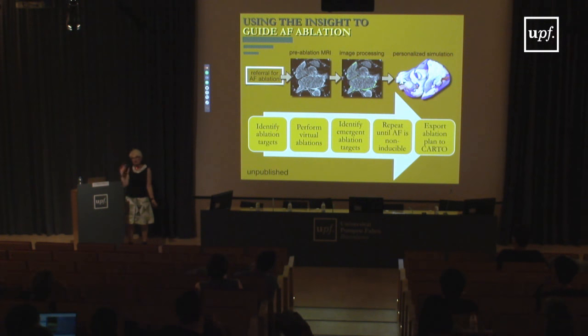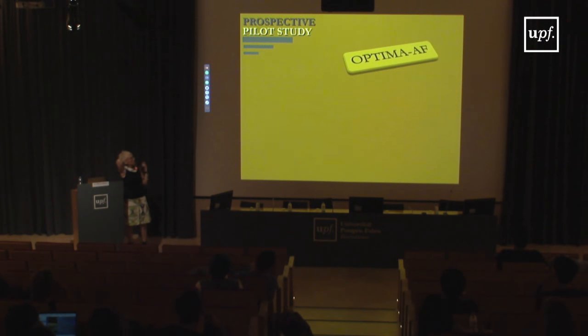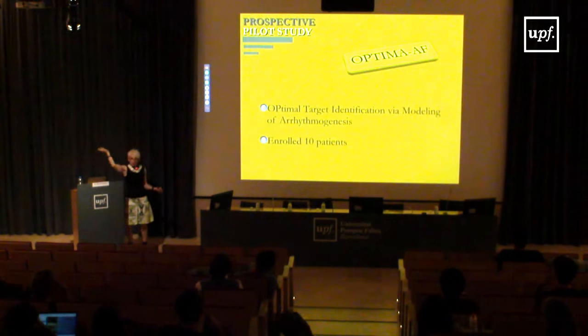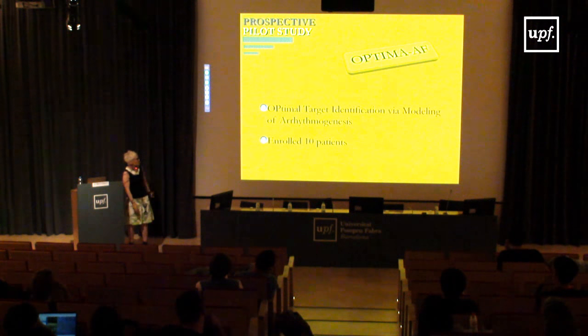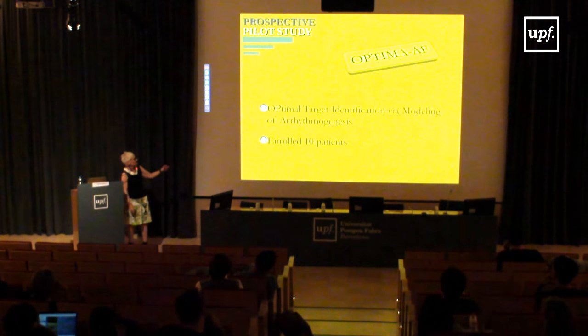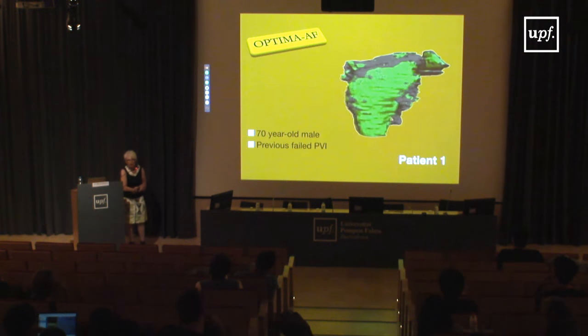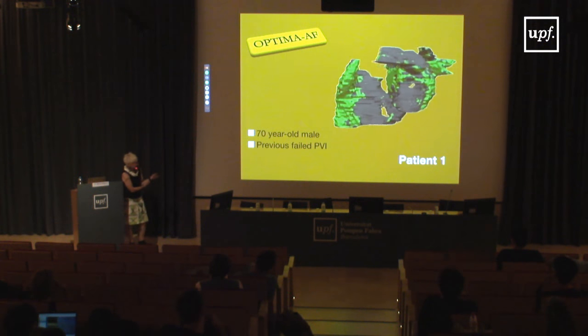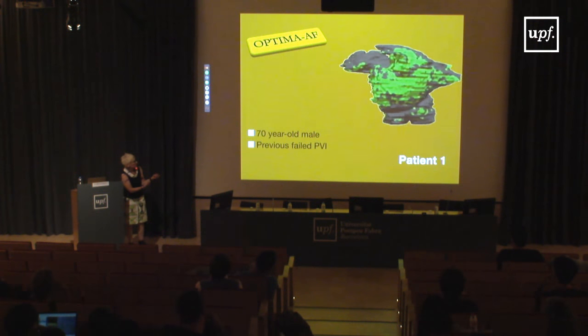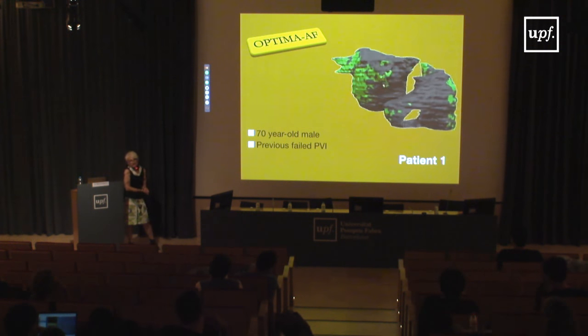Pre-procedure, we actually reverse engineer the electroanatomical map to be able to import it, so they see our targets on the screen. And so we had a prospective clinical trial that enrolled 10 patients, and we called it OPTIMA AF, Optimal Target Identification via Modeling of Arrhythmogenesis. Here is one of our patients. This was a 70-year-old male, had a lot of fibrosis, you can see, and a previously failed ablation.